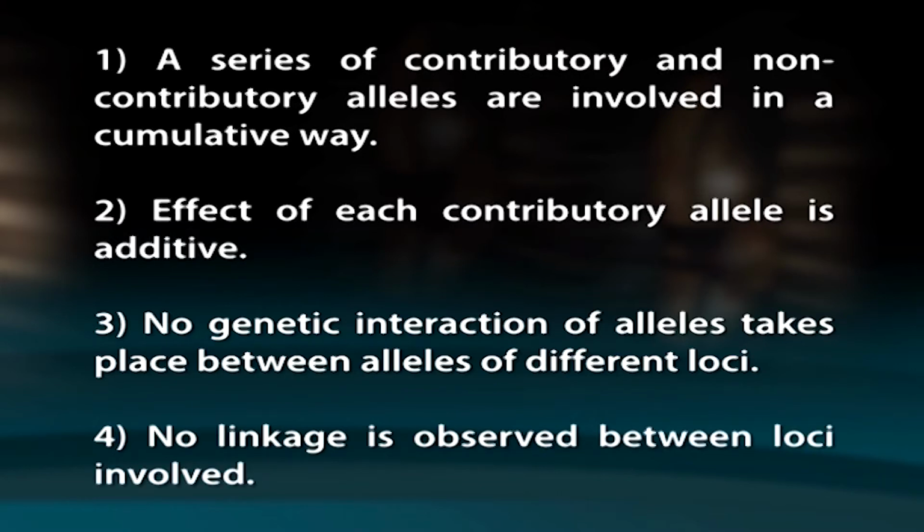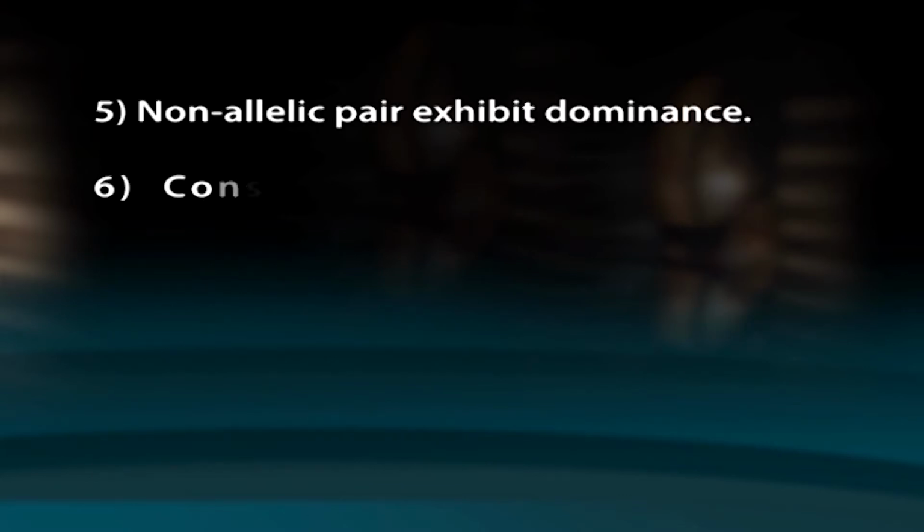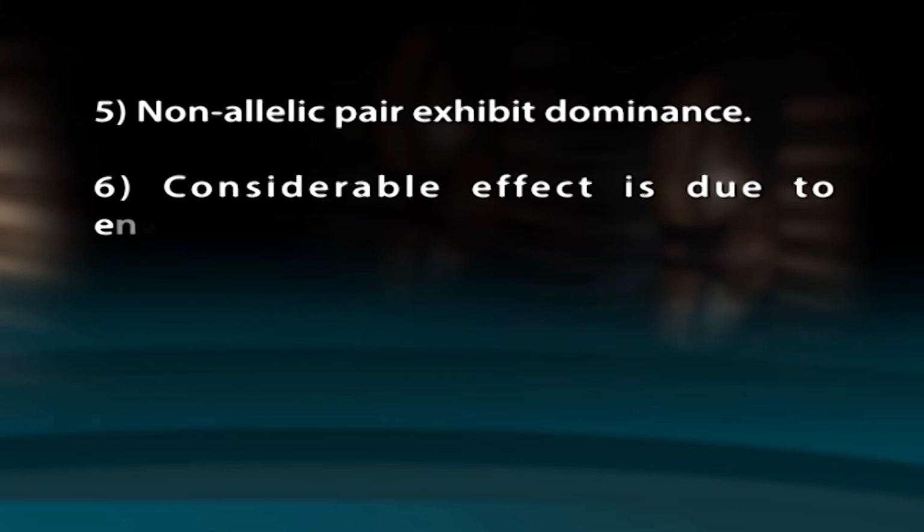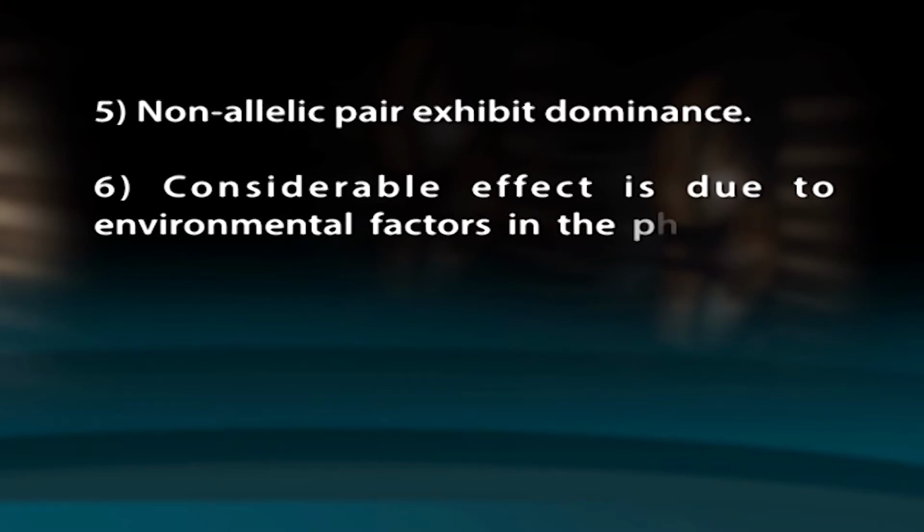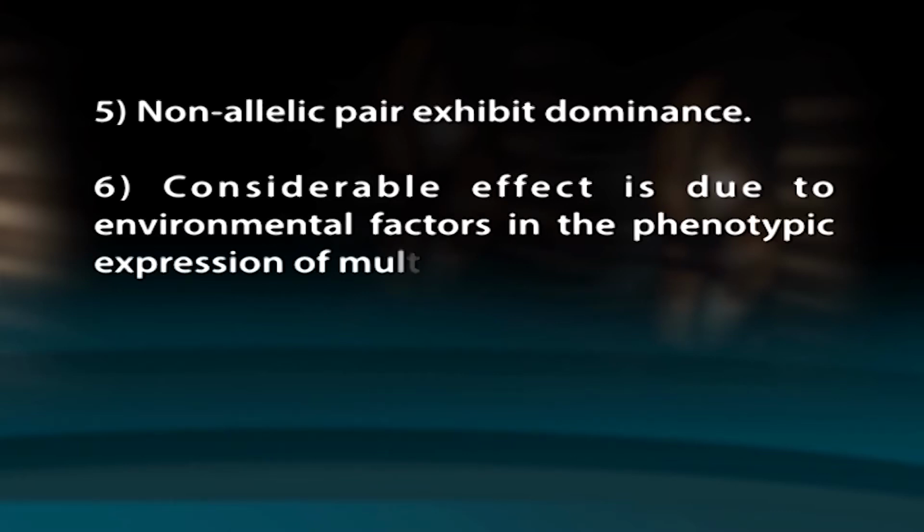No linkage is observed between the loci involved. 5. Non-allelic pairs exhibit no dominance. 6. Considerable effect is due to environmental factors in the phenotypic expression of multifactorial genes. These assumptions are reflected in the quantitative inheritance we are going to study henceforth.